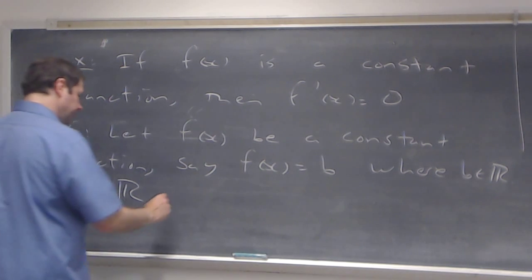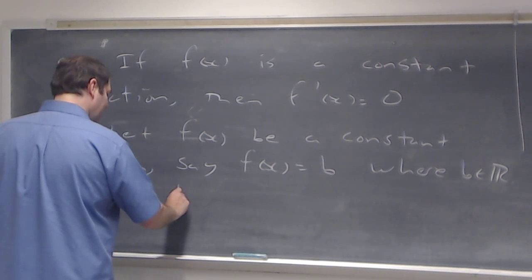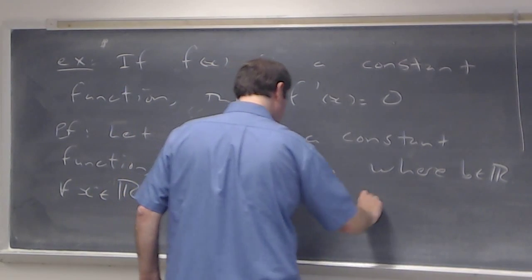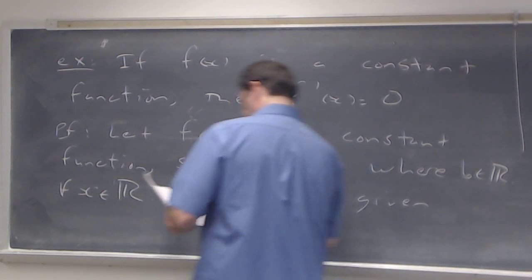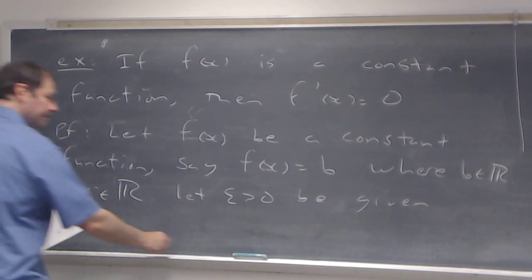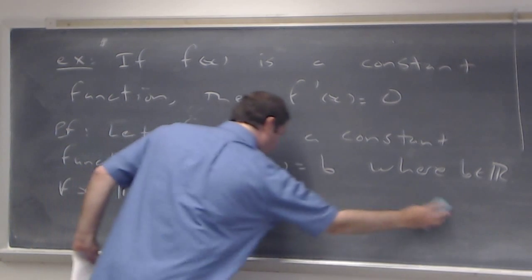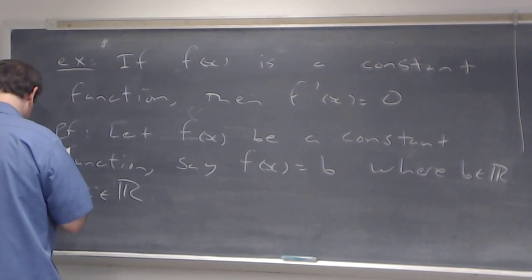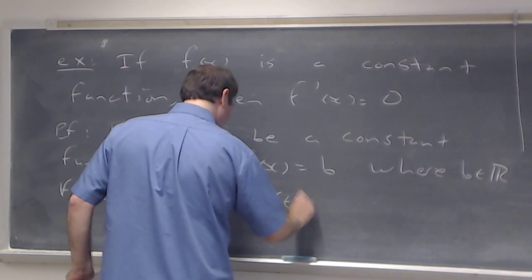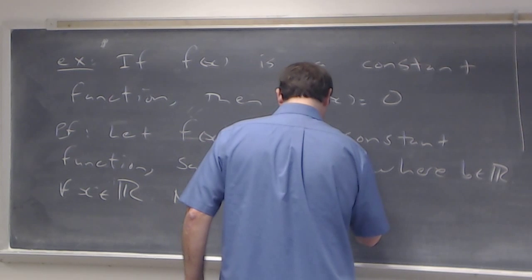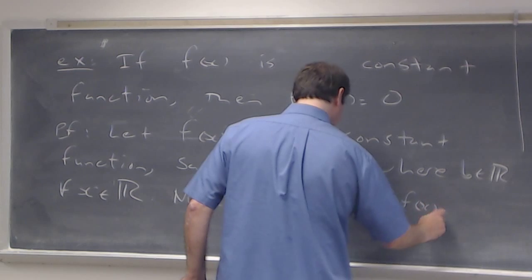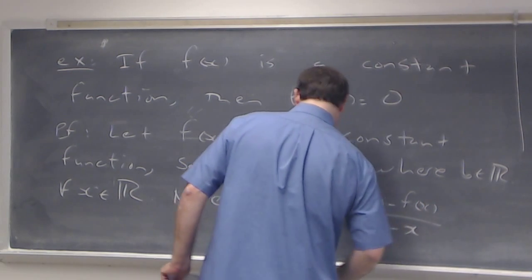Well, what we're going to do is this. Note, phi of t, in this case, is equal to f of t minus f of x all over t minus x.